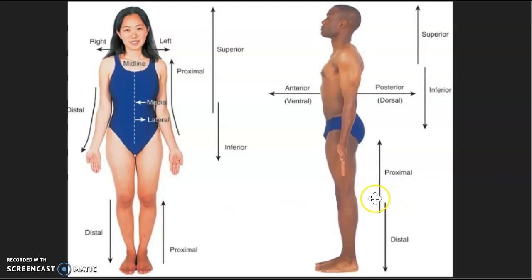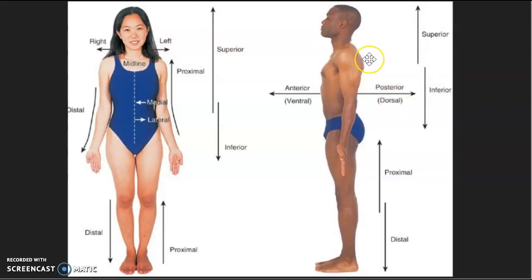If we look at the example on the right then, some anatomical positions in humans use the same terms. For example, anterior and ventral refer to the same side for us. The anterior side is the front side, same thing with the ventral side, whereas the posterior side is the dorsal side. If you would think of something like a shark, the dorsal fin on the shark is something that you're aware of, right?